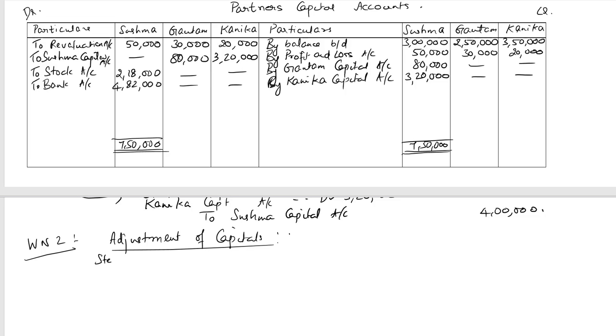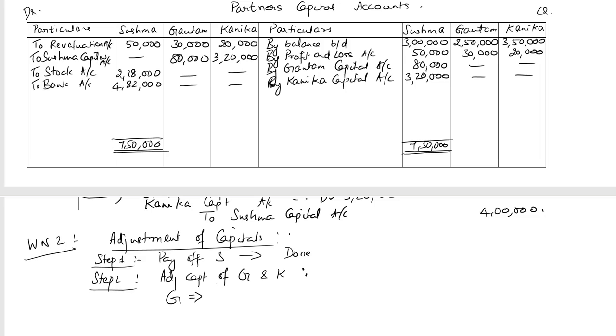Step 1, you need to pay off the retiring partner, Sushma. This has been done. Step 2 is to ascertain the adjusted capitals of the continuing partners, Gautam and Kanika.